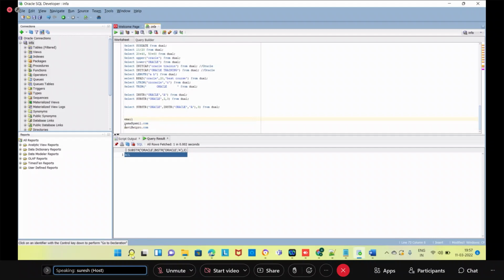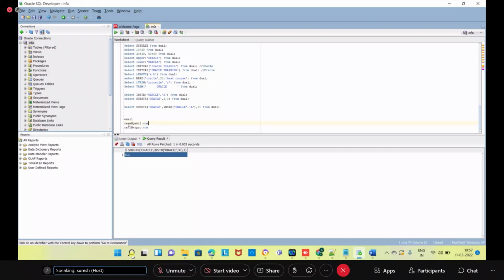Now in this case, from the email address, I want to know what is the name of that person. From the email address, I can easily understand that the person holding Rama at the rate gmail.com, his name is Rama, and the other person is Ravi, and he is working in Wipro.